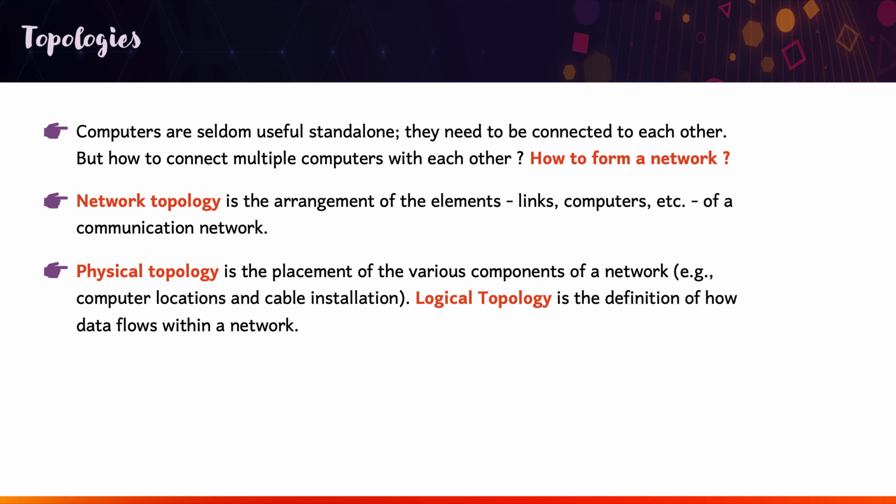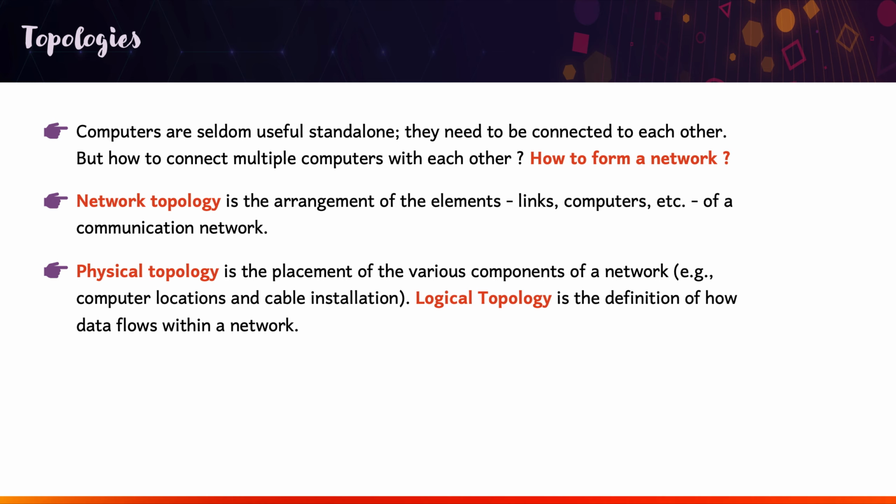The logical topology indicates the flow of data, independent of how the computers are connected to each other. It indicates how the data is flowing from one computer to another through the network. You can say that there is not much of a difference. What is the difference even, right? You're right.